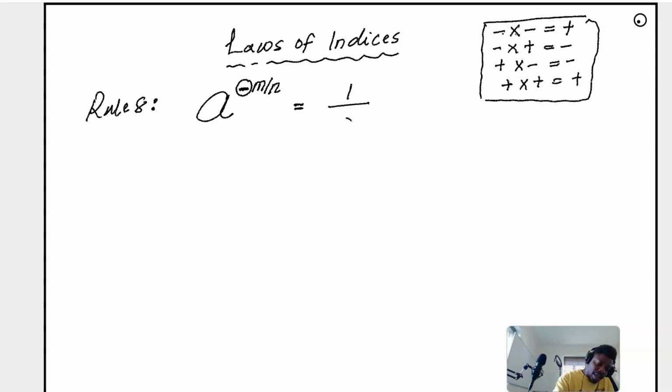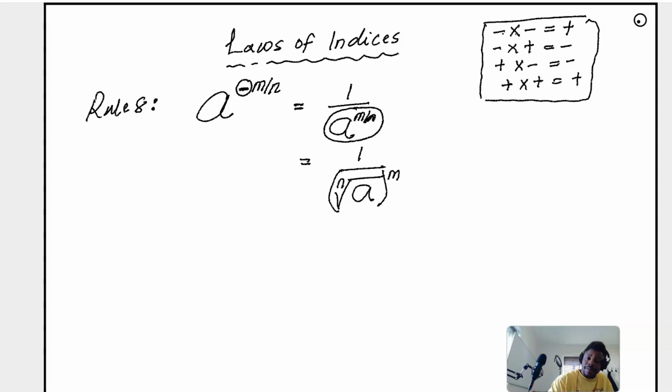So what is left is a raised power m over n. Then you already know that according to rule 7, your n, which is your denominator, becomes the root, your base goes inside, and your m is outside.